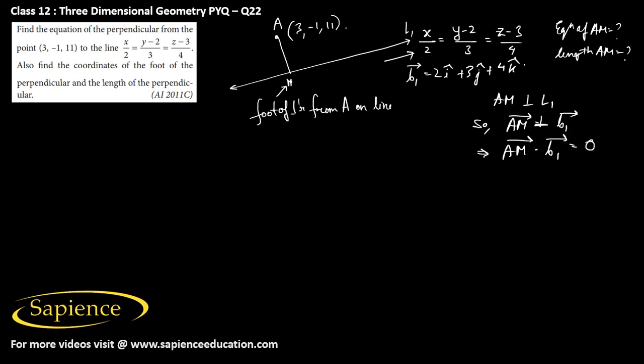Now any point on the straight line L1 can be found by taking this equal to lambda, suppose. Then x will be 2 lambda, y will be 3 lambda plus 2 and z will be 4 lambda plus 3. So the coordinates of the point M can be written as (2 lambda, 3 lambda plus 2, 4 lambda plus 3).